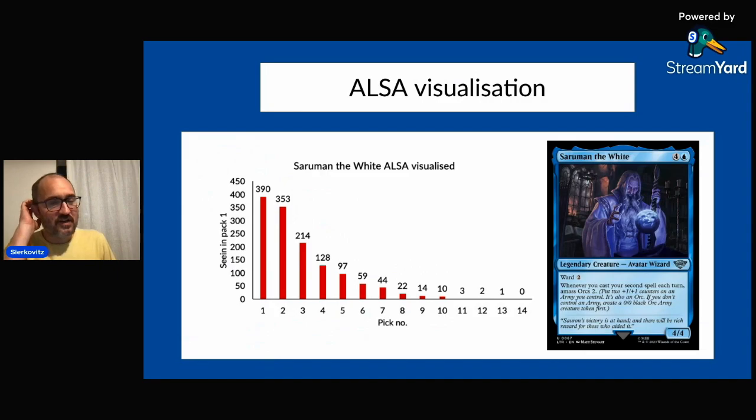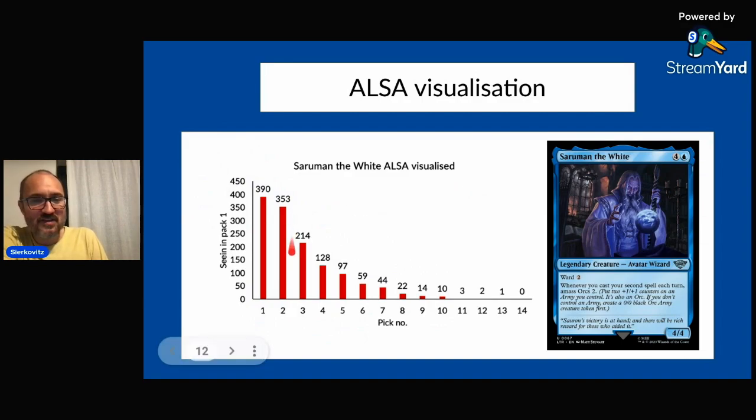Here we have a card that has a higher alpha, Saruman the White, 5 mana, 4/4, legendary creature, avatar, wizard, ward 2, and whenever you cast your second spell each turn, amass orcs 2. And there you see, it was seen 390 times when people opened it. So around 390 is the par for the uncommons being opened in that data set.